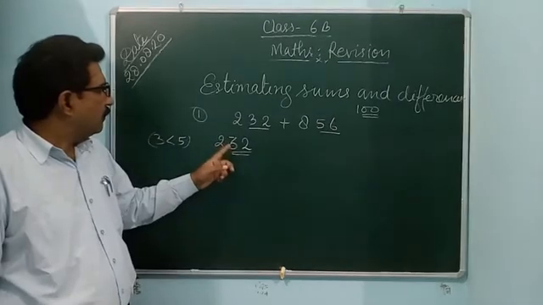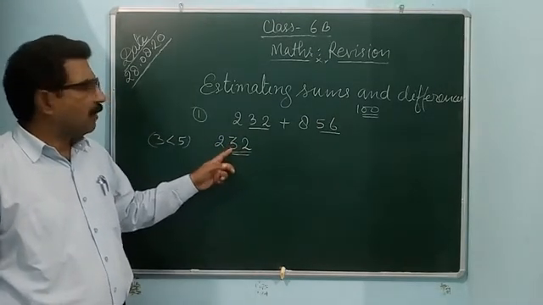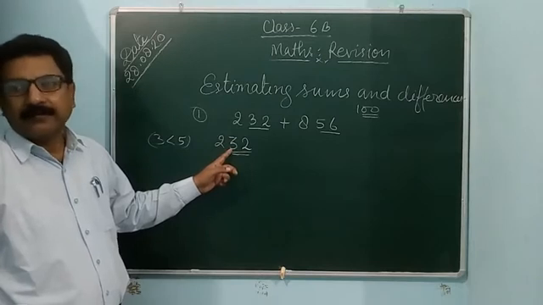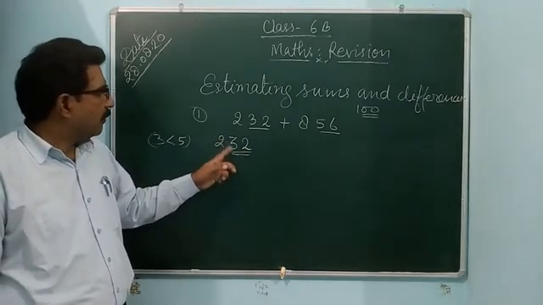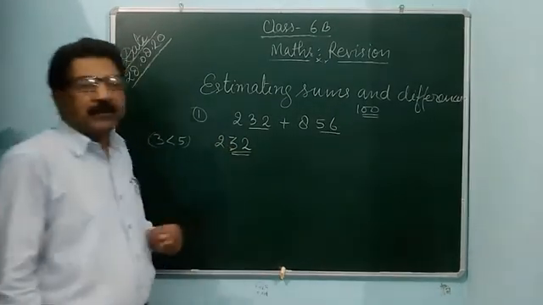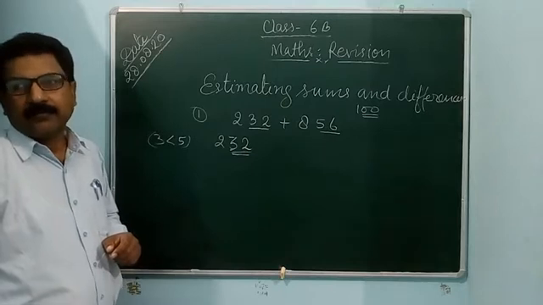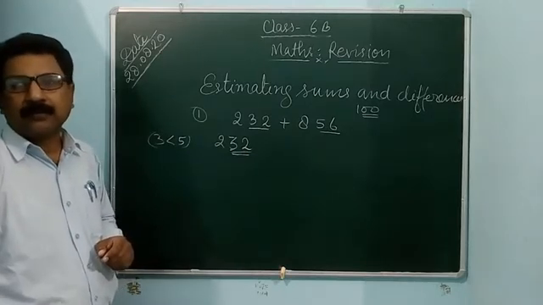If we are estimating by rounding to hundreds, the tens place digit should be 5 or more for the number to round up.